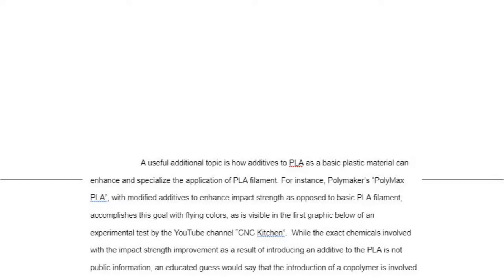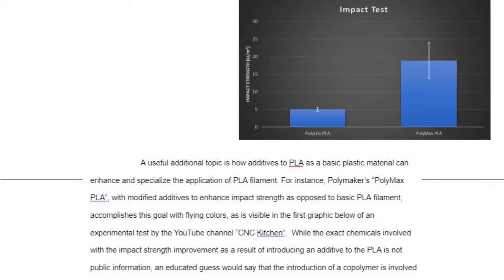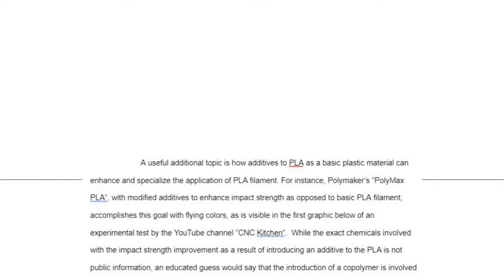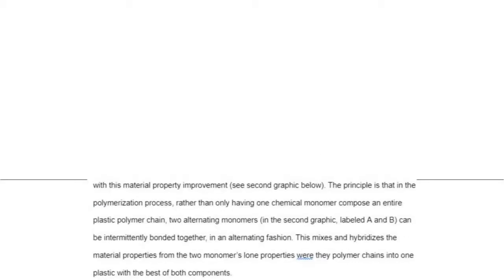A useful additional topic is how additives to PLA as a basic plastic material can enhance and specialize the application of PLA filament. For example, Polymaker's PolyMax PLA, with modified additives to enhance impact strength as opposed to basic PLA filament, accomplishes this goal with flying colors, as is visible in the first graphic below of an experimental test by the YouTube channel CNC Kitchen. While the exact chemicals involved with the impact strength improvement as a result of introducing an additive to the PLA is not public information, an educated guess would say that the introduction of a copolymer is involved with this material property improvement.